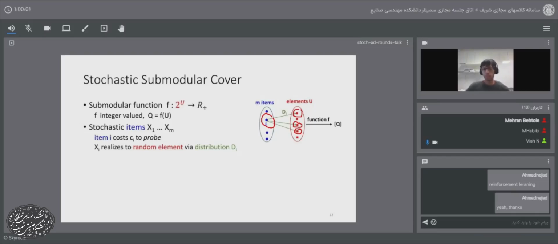So the key difference going from the deterministic to the stochastic setting is that we now have to select among these items where every item has a cost to select or probe, and we will only see the realized value after we probe that particular item.